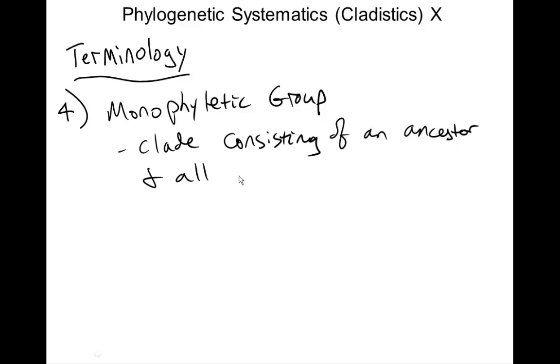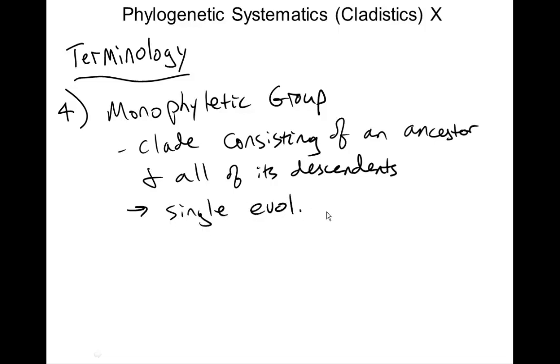So this is a single evolutionary lineage: an ancestor and all of its descendants.